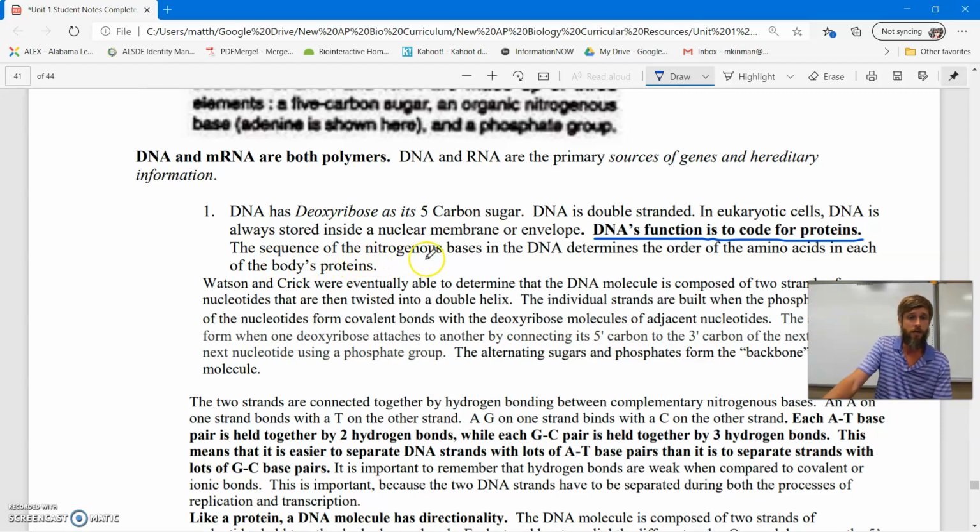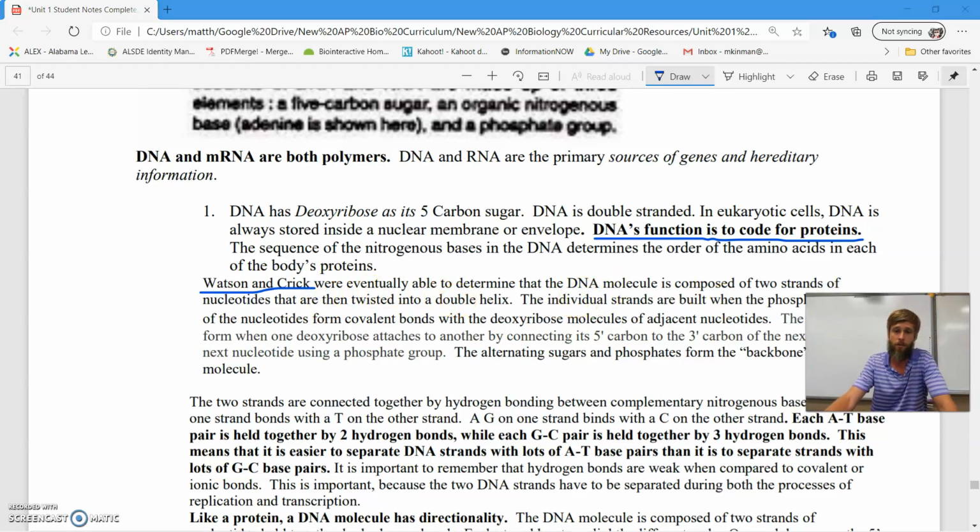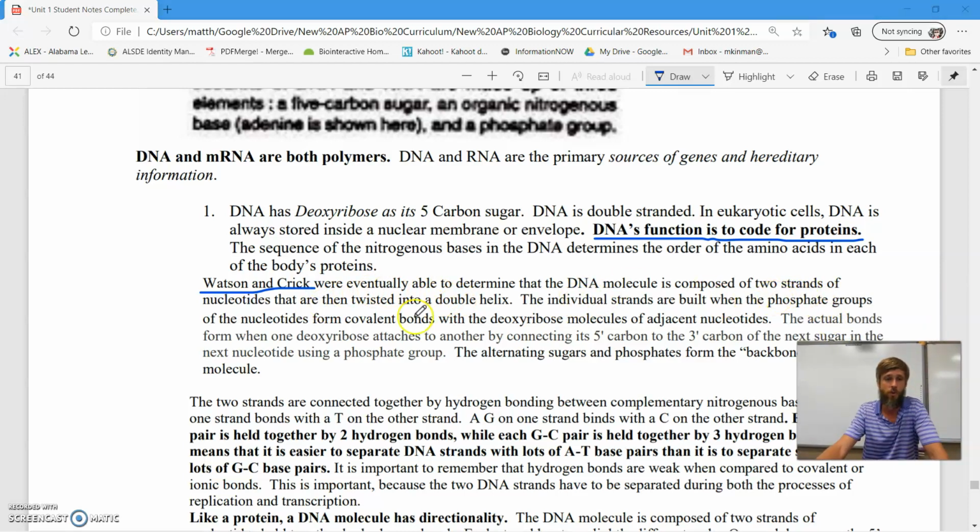The sequence of nitrogenous bases in the DNA determines the order of the amino acids in each of the body's proteins. So don't get stressed out by too much of this stuff. Understand that a lot of the things that we're talking about now in another unit we're going to get more in depth with. Watson and Crick, two very important figures, were eventually able to determine that the DNA molecule is composed of 2 strands of nucleotides that are then twisted into a double helix.